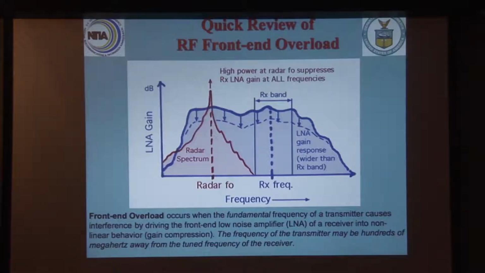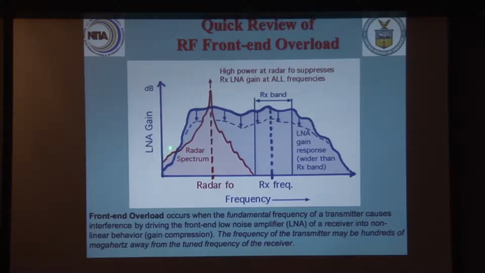Again, just a quick review of RF front-end overload. What happens in this mechanism is a receiver is running at this frequency, but it has a low noise amplifier that responds over a much wider frequency range than the band in which it's supposed to operate. And we see its response here as low noise amplifier gain as a function of frequency.